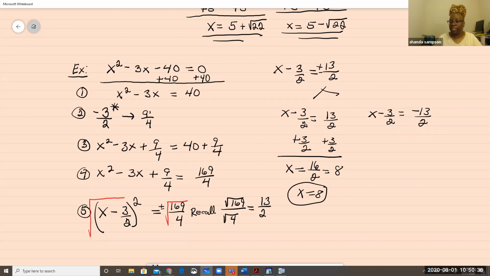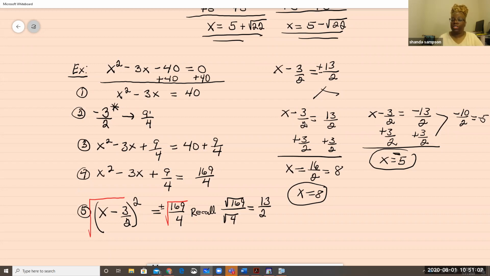And then, of course, x equals negative 5. And how'd you get this? If you remember basic math, negative 13 plus 3 is negative 10 over 2, which gives you negative 5. That's how the calculator, of course, got the answer.